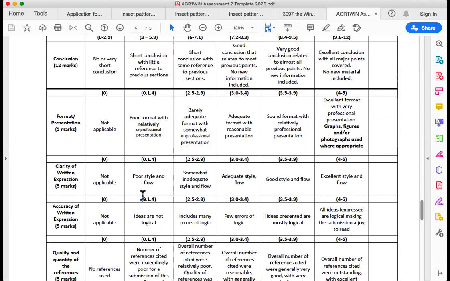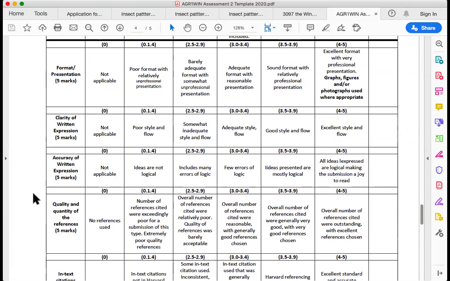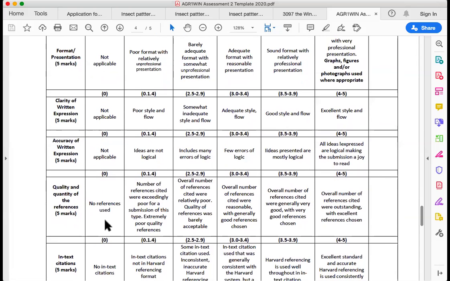Okay, and then I guess I made a point last time of talking through how many marks can be obtained quite easily from all these formatting, clarity of expression, accuracy of written expression, all these particular topics.